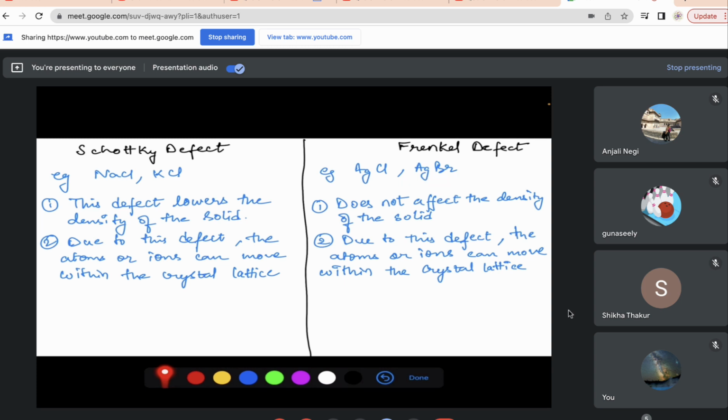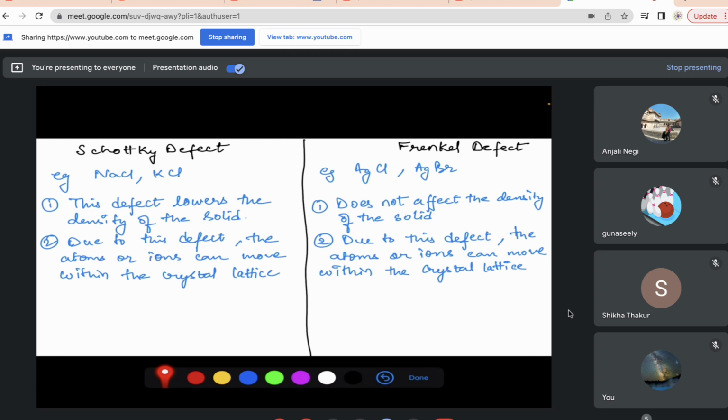Again, the point to be noted here is that in Frenkel defect, the size of the cation should be much smaller than the anion. Usually it is smaller, and if it is smaller than the anion, then we can say the Frenkel defect may be observed, because it will be easy for the cation to move towards the interstitial space or void.